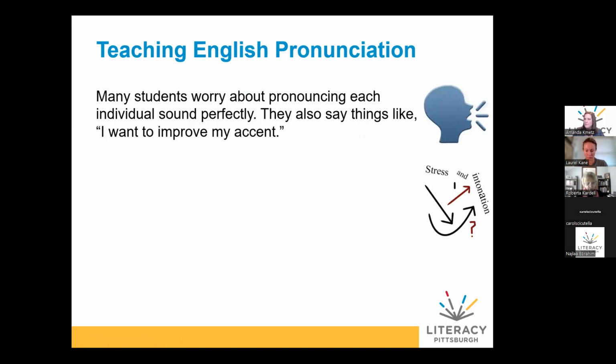This can be very difficult for an English language learner. If any of you have studied language acquisition, once someone reaches what they call the critical period, which is over 13 or 14 years old, you learn a language differently than if you learn it as a child.